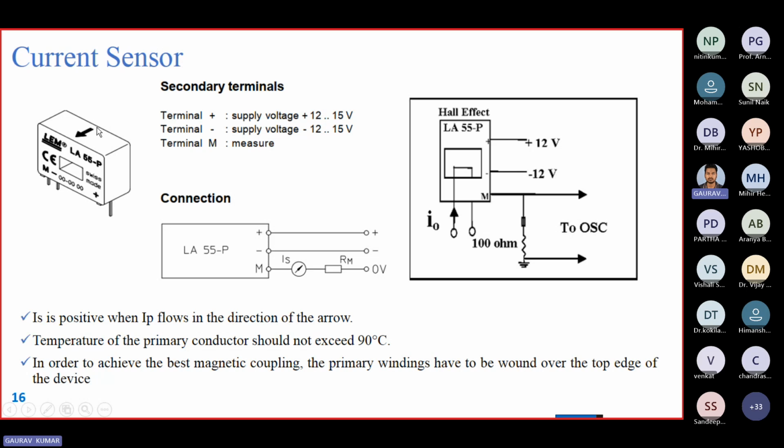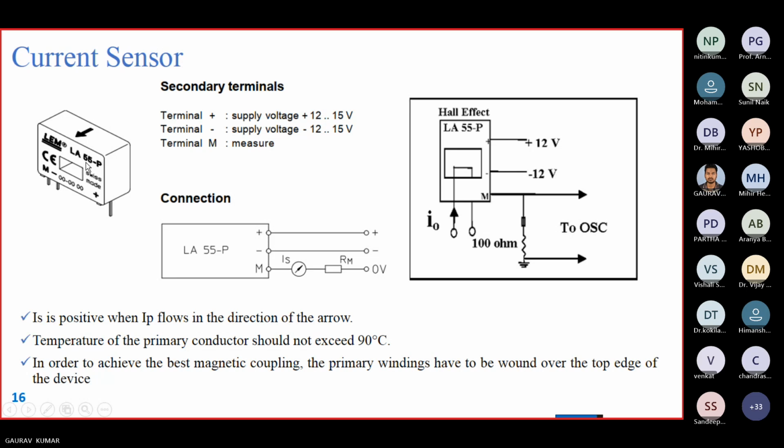If you point the wire in the direction of the arrow, then the output, which is the secondary current, comes out positive. When you hold the wire in the opposite direction of the arrow, it comes out negative. So IP is positive when you hold the wire in the direction of the arrow, and IS is negative when you hold it in the opposite direction.